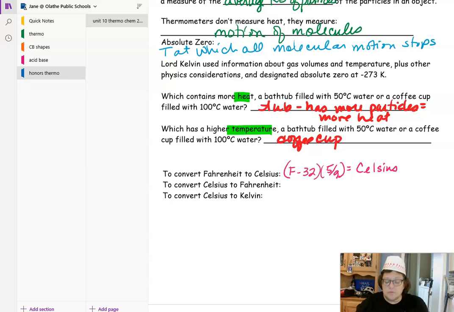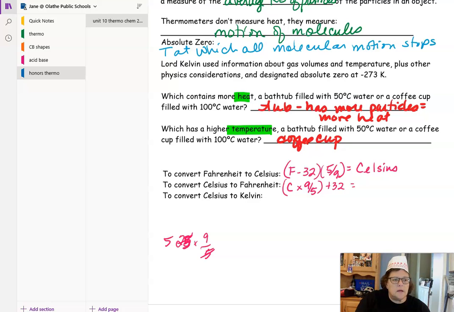To go the other direction, Celsius to Fahrenheit, you take your Celsius temperature and multiply it by 9/5 and then add 32 to that. So if we have, say, 23 degrees Celsius, well, let's go 25 because math will be easier. 9 times 5.